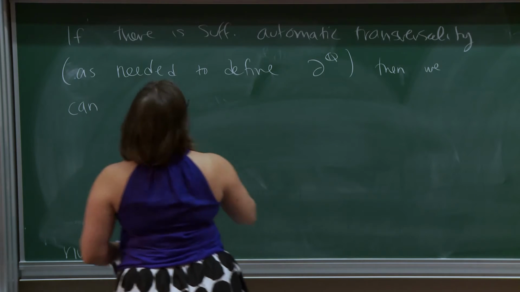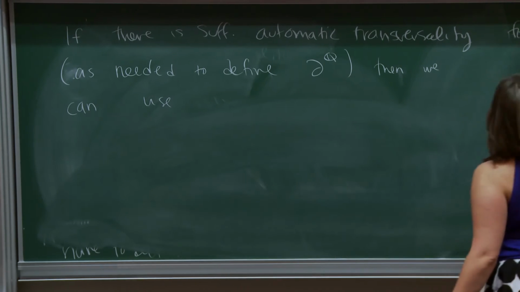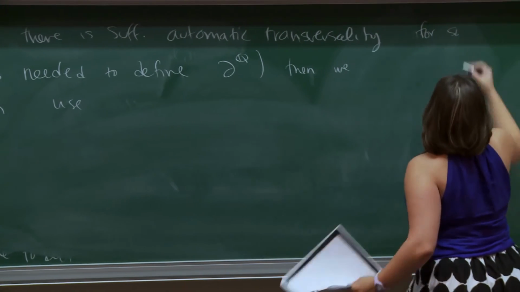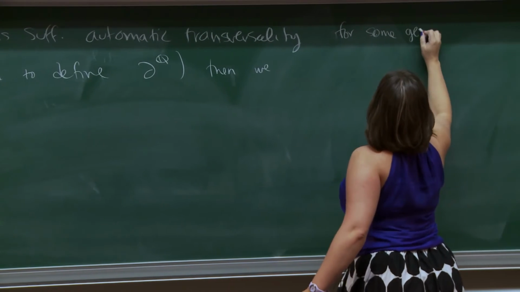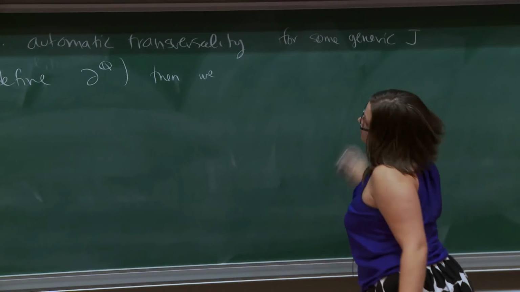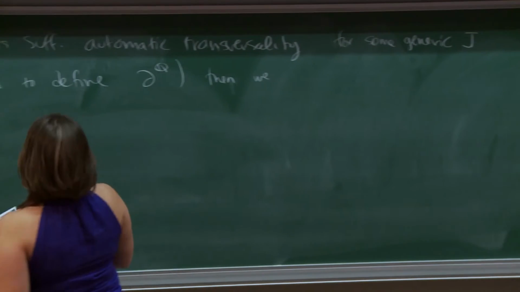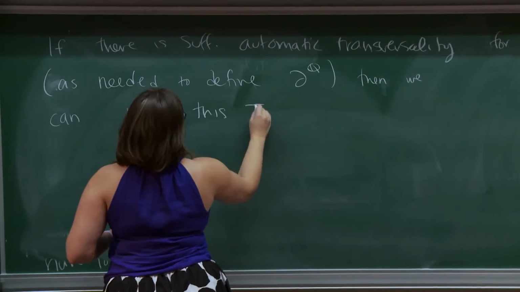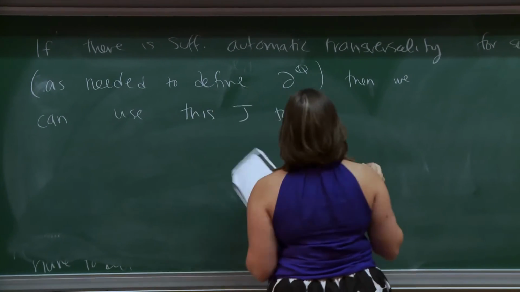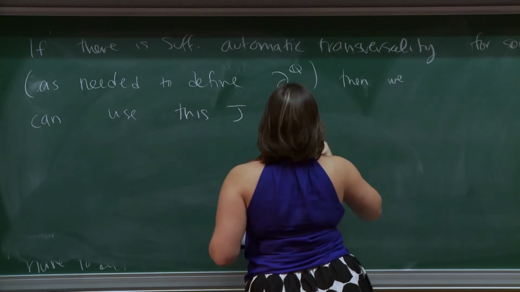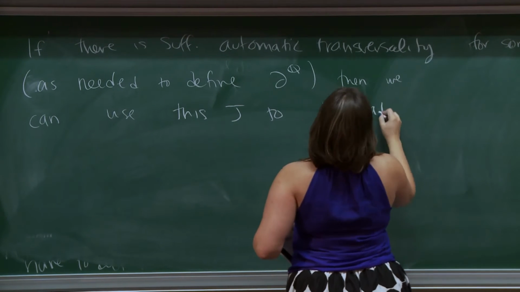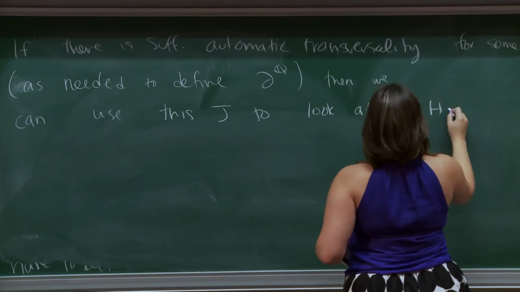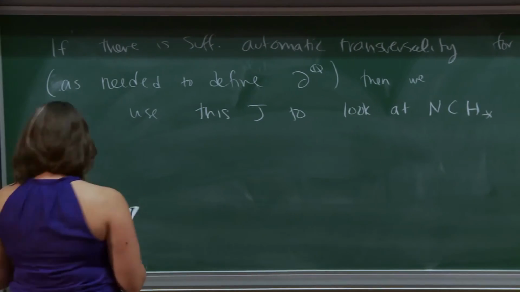use, for some generic choice of J, we can use this J to look at this non-equivariant contact homology. Okay.